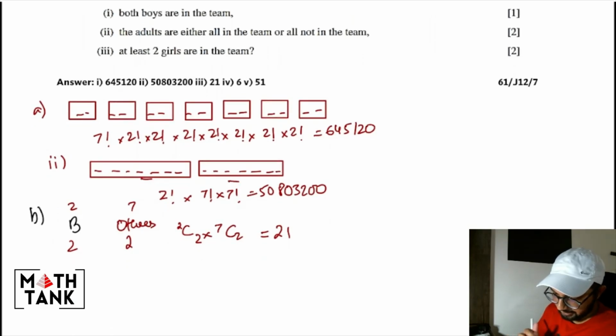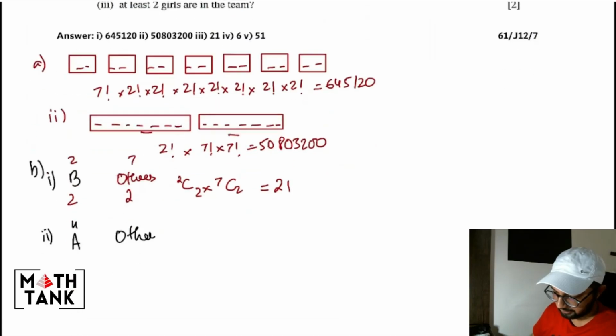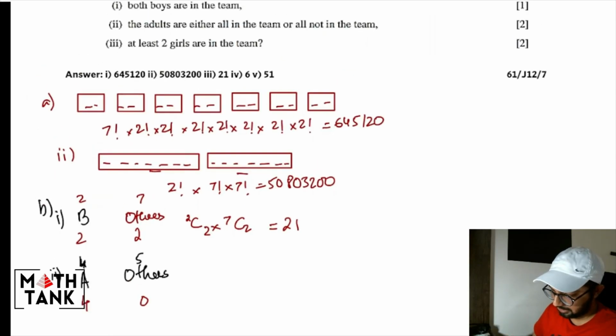The adults are either all in the team or all not in the team. So 4 adults. They are either all in the team or all not in the team. The others is 5. The girls and boys together are 5. So adults are either all in the team, in which case I need no one else.